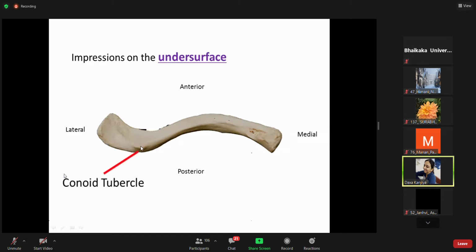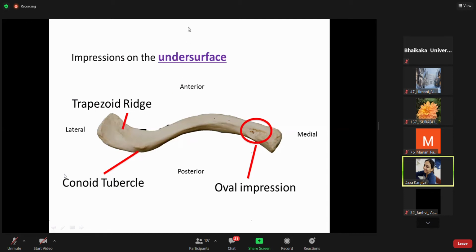On the lateral side, there is a conoid tubercle. A rounded tubercle is there, which is called the conoid tubercle. And extending from the conoid tubercle laterally, there is one ridge, that is the trapezoid ridge. So keep it on the inferior, the under surface. As well as on the medial side, there is an oval impression. These three structures give the attachments of which ligament?